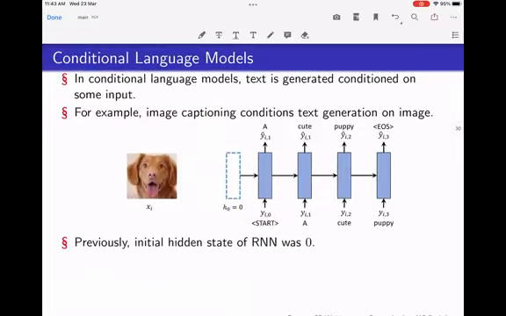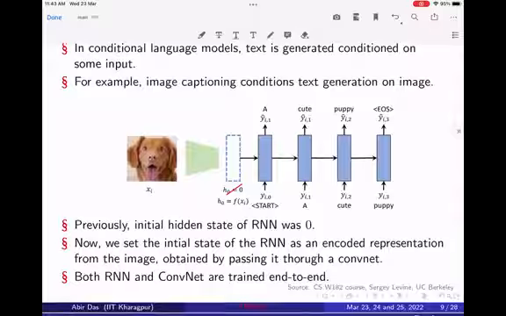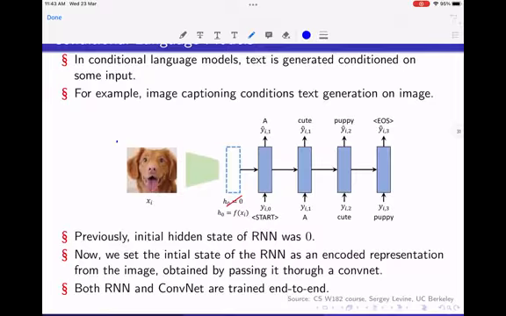Now, in image captioning, you are giving an input image, which I am calling xi. We set the initial state of the RNN as the encoded representation of the image. Of course, as you have encoded the input words, you have to give some sort of mathematical representation summarizing what is going on in the image.